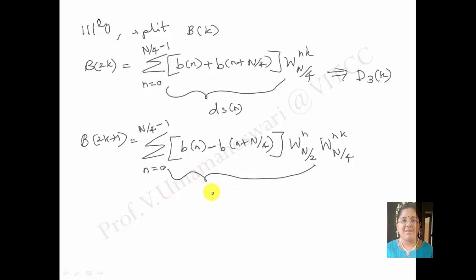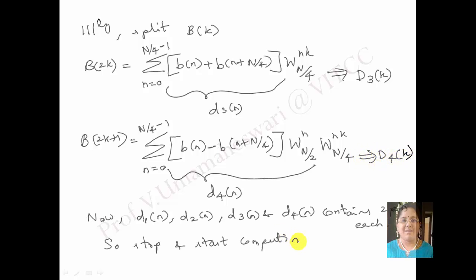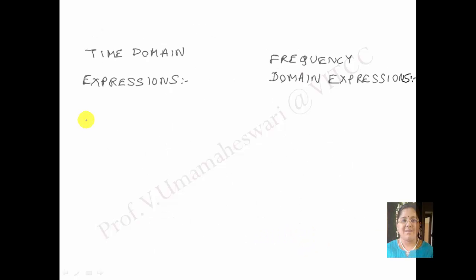Okay, let us say that this is D4 of n. So ultimately this will become D4 of k. Now D1 of n, D2 of n, D3 and D4 of n contain 2 points each. So stop splitting and start computing.